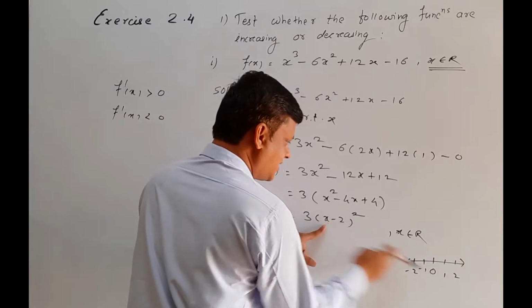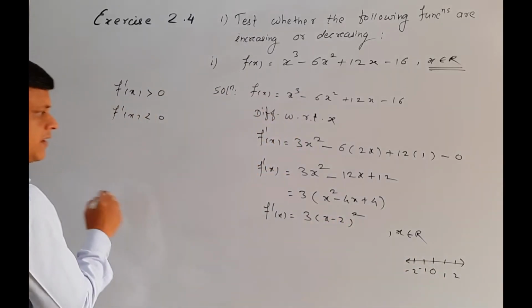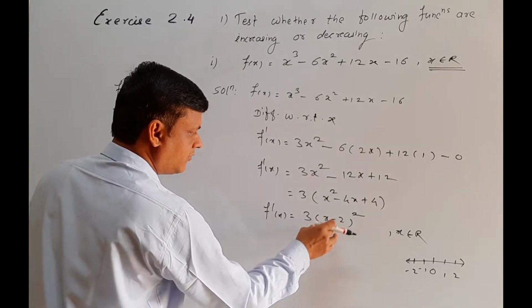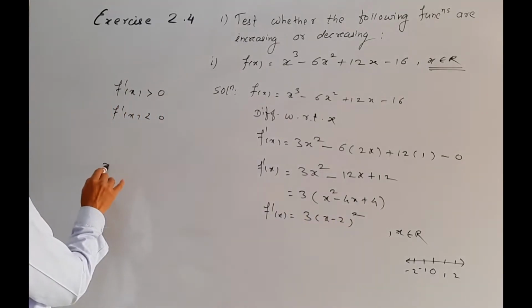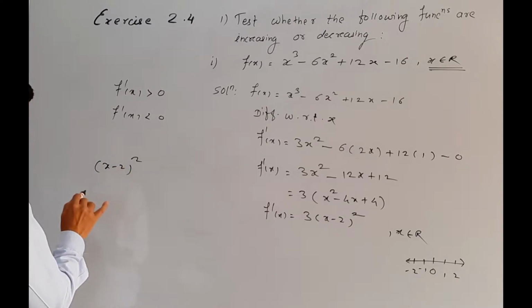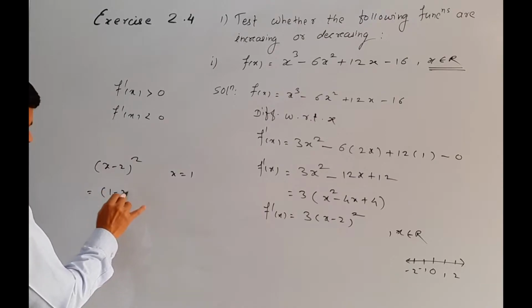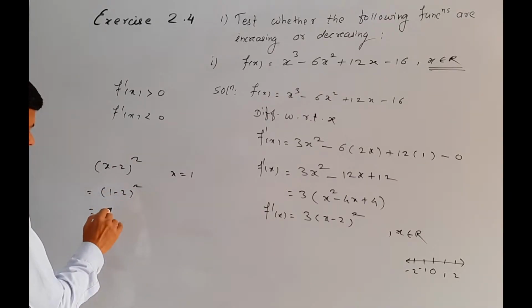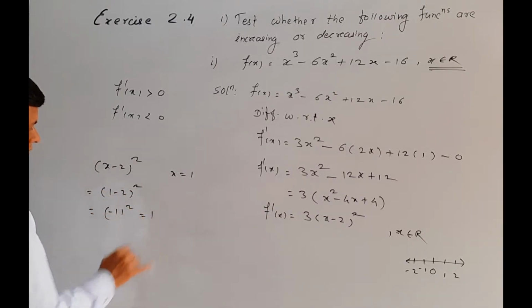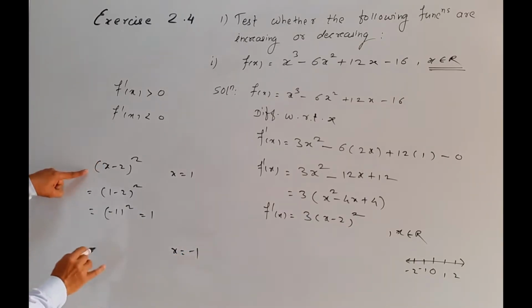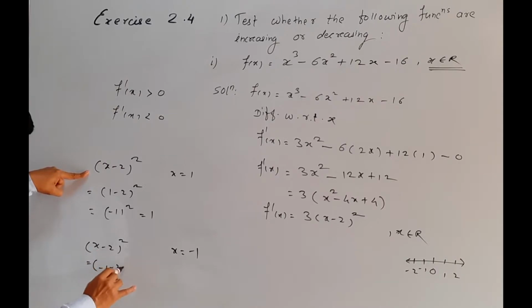When we take x equals 1, using the trial and error method, we check x minus 2 in bracket square. When x equals 1, we get 1 minus 2, its square. 1 minus 2 is minus 1, and minus 1 square is plus 1. When we take x equals minus 1, we get minus 1 minus 2, its square.